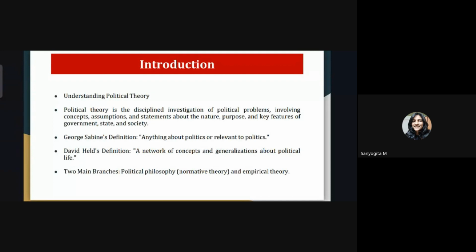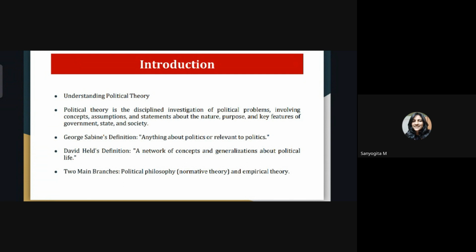Even George Sabine, in his definition, says that anything about politics or relevant to politics is political theory. Whatever it is, whether you're talking about the legislature, the judiciary, or anything in politics, everything is political theory.